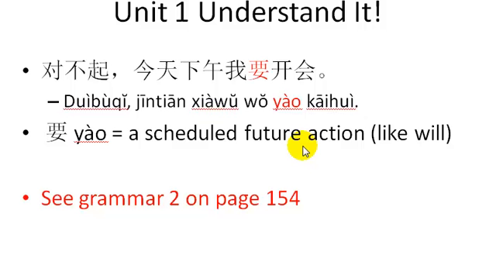So, for example, the sun will rise tomorrow. Okay? Or the sun will set tomorrow. So in Chinese, you don't need to say the sun yao set tomorrow. Like in English, you need to say the sun will set tomorrow. But in Chinese, all you say is tomorrow, the sun sets.